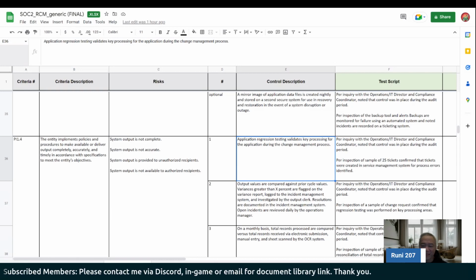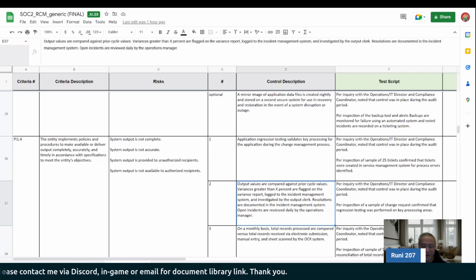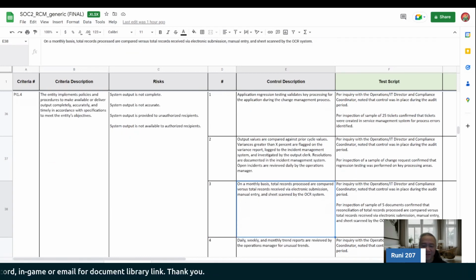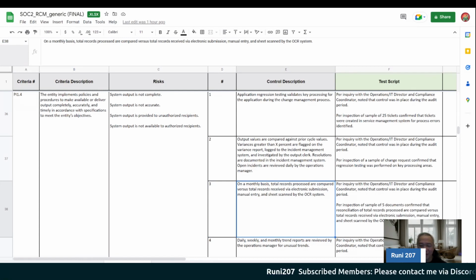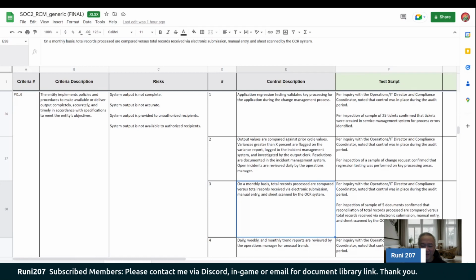Some of it may need to have certain values looked at on a monthly basis, the total records processed versus total records received. Some of it may be part of, from an accounting perspective, the three-way matching piece of the accounting records and things like that.